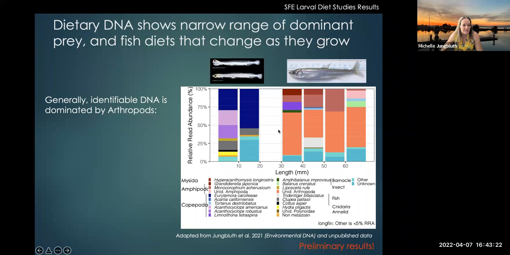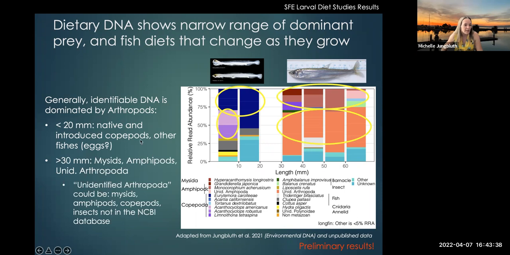I like this plot because it shows that there's a switch from copepod-dominated prey to mysid and amphipod-dominated prey. The fish less than 20 millimeters eat native and introduced copepods and other fishes, and in the juvenile fishes there are mysids, amphipods, and this big unidentified arthropod group, which is probably a type of mysid that just hasn't been barcoded yet. So I've got to dig into that one a little deeper.